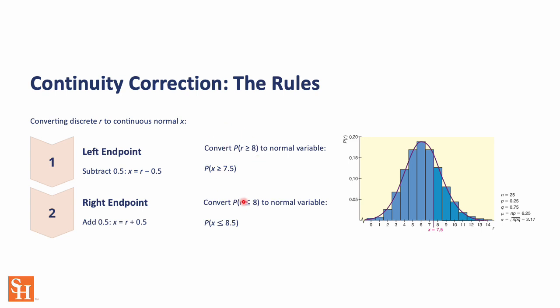I think now it is clear what continuity correction is. If it is a greater than problem, we subtract 0.5. If it is a less than problem, we add 0.5 to the original value, right?